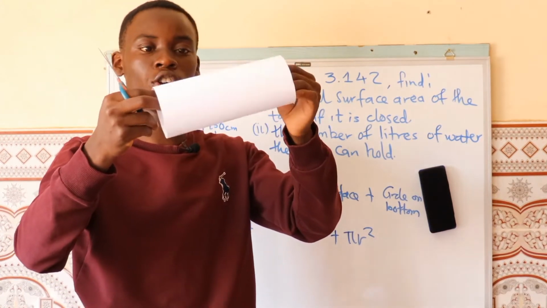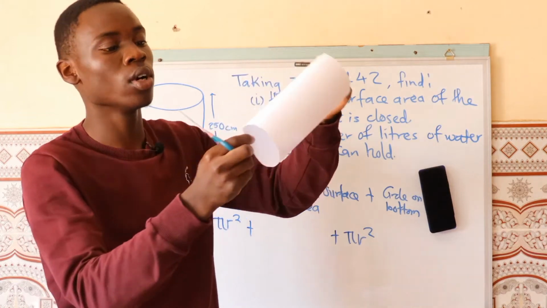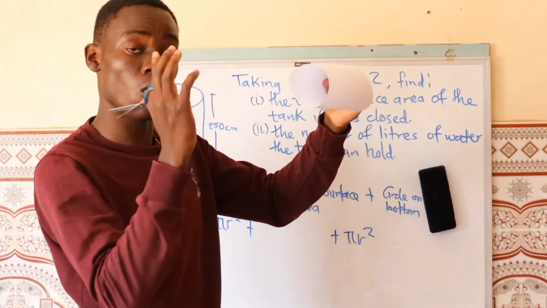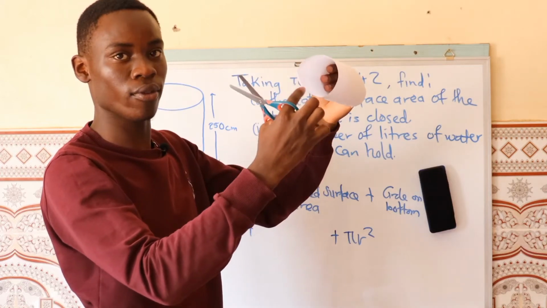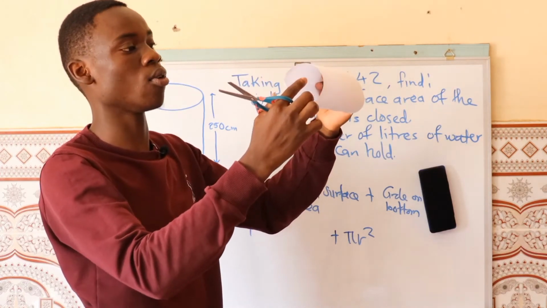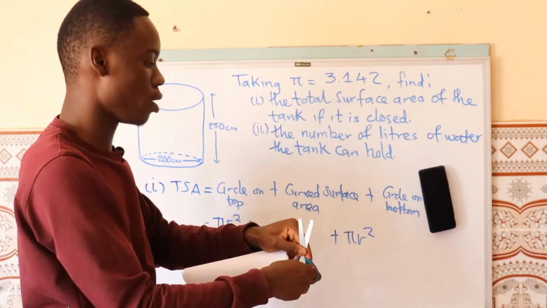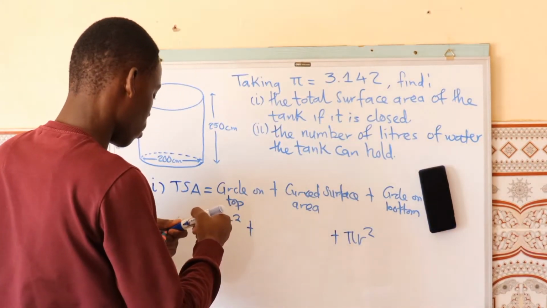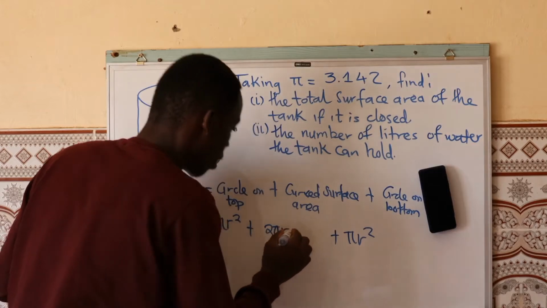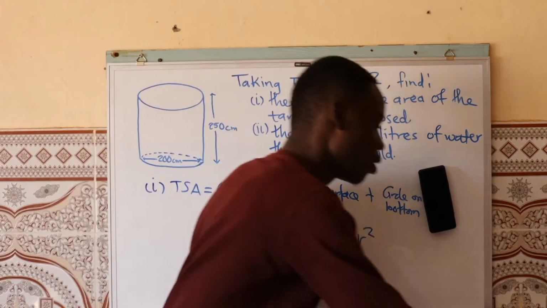And how do we calculate it? We know already that this is a circumference of a circle, the distance around a circle, and the circumference of a circle as we know it is 2 pi r.